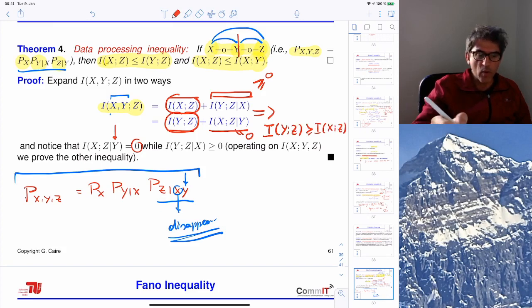In this way, you have proved, for example, this inequality. And by taking another expansion, you do it yourself, complete the proof.